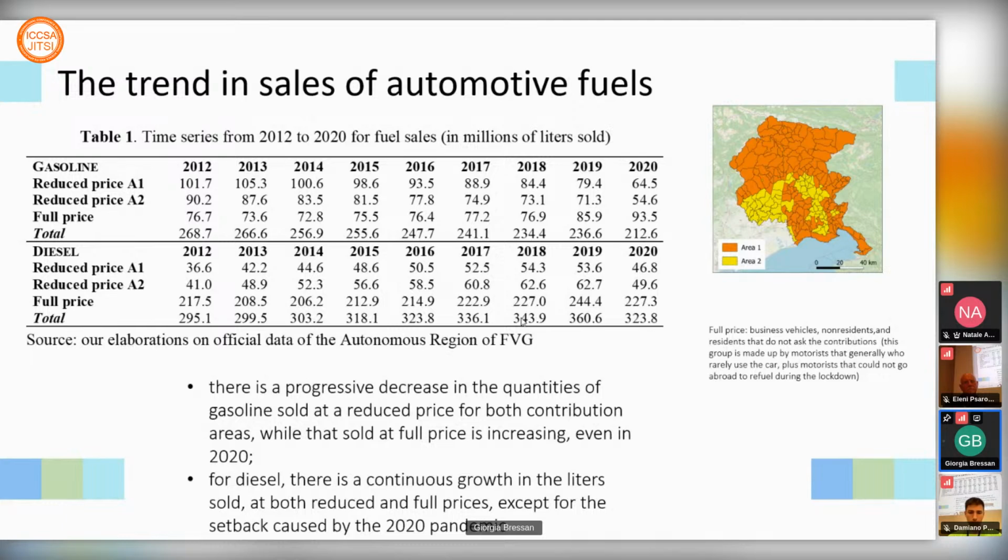A possible explanation of the growth of gasoline purchase at full price during 2020 is that those purchases are made by motorists that were used to going abroad in order to refuel, but in this period were forced to buy gasoline at a regional petrol station.